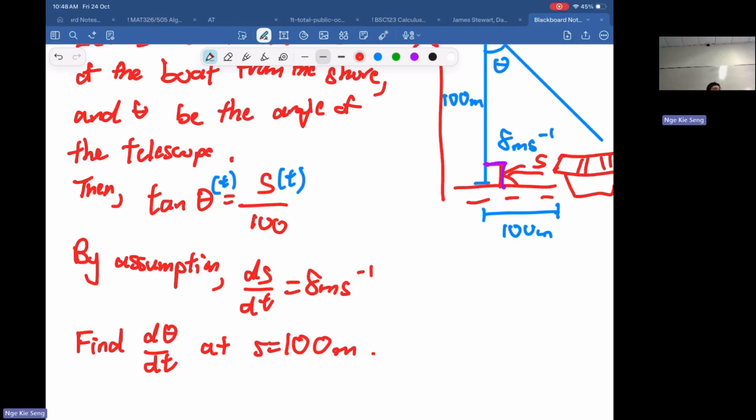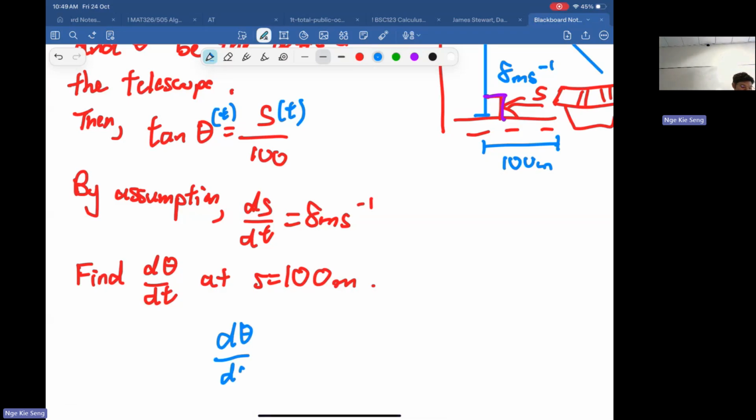We have ds/dt, right? We want to find d theta/dt. Do we have any relation between d theta and ds? d theta over ds, and then ds over dt equals d theta over dt.